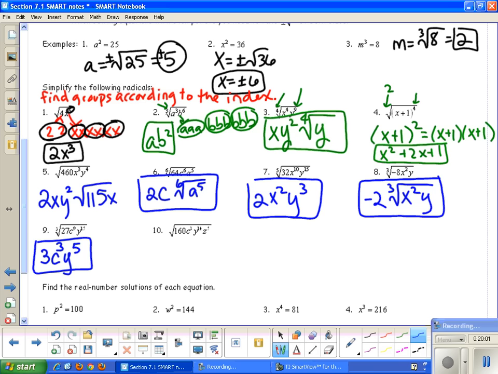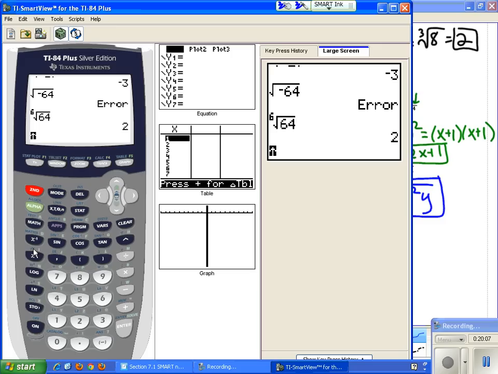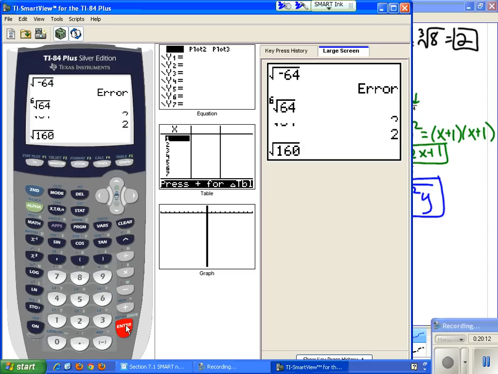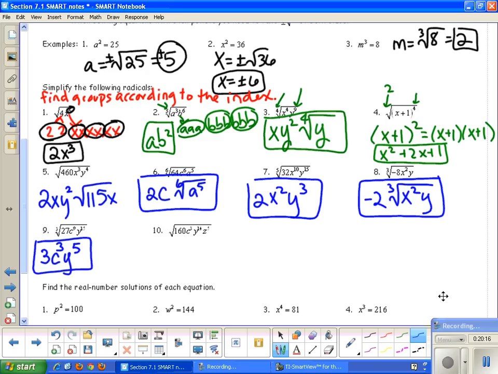And then 160, if I try to take the square root of it, even if you look on your calculator, you would notice that the square root of 160 is not a perfect square. It gives me a decimal, so that means I'm going to have to make my factor tree. So when I make my factor tree, I'm going to do 10 times 16, which are not primes, so I can break them down more. 10 breaks down into 2 times 5.